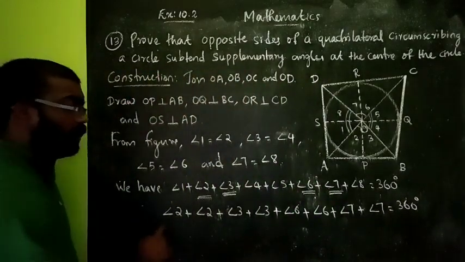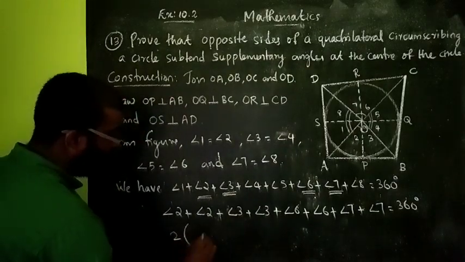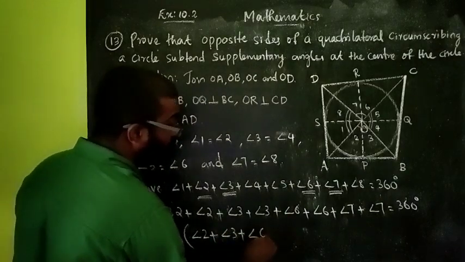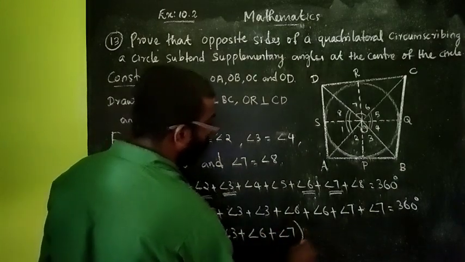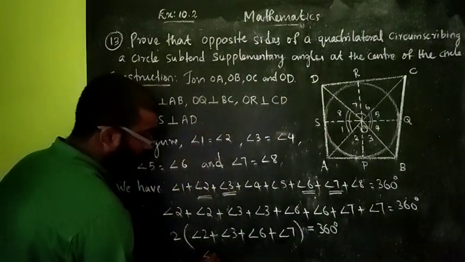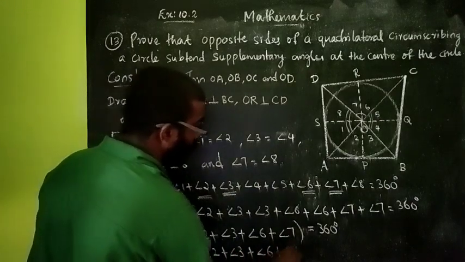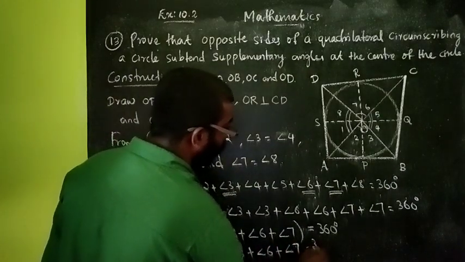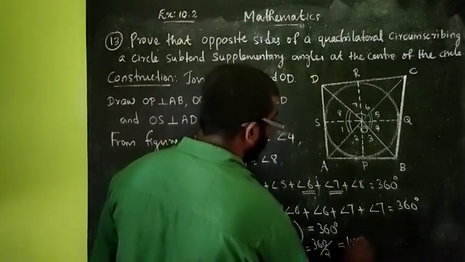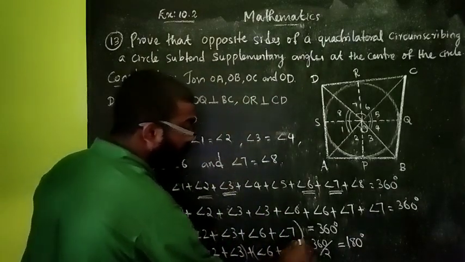Okay, all the four angles come 2 times, so we can write 2 into angle 2 plus angle 3 plus angle 6 plus angle 7, which is equal to 360 degrees. Or we can write angle 2 plus angle 3 plus angle 6 plus angle 7 is equal to 360 divided by 2, which gives 180 degrees. Here we can group the terms angle 2, angle 3, angle 6, angle 7.